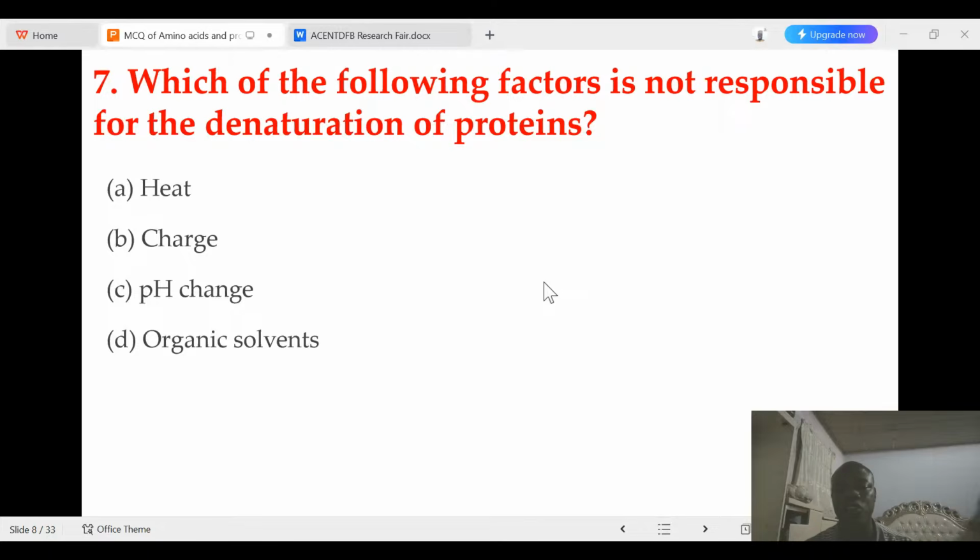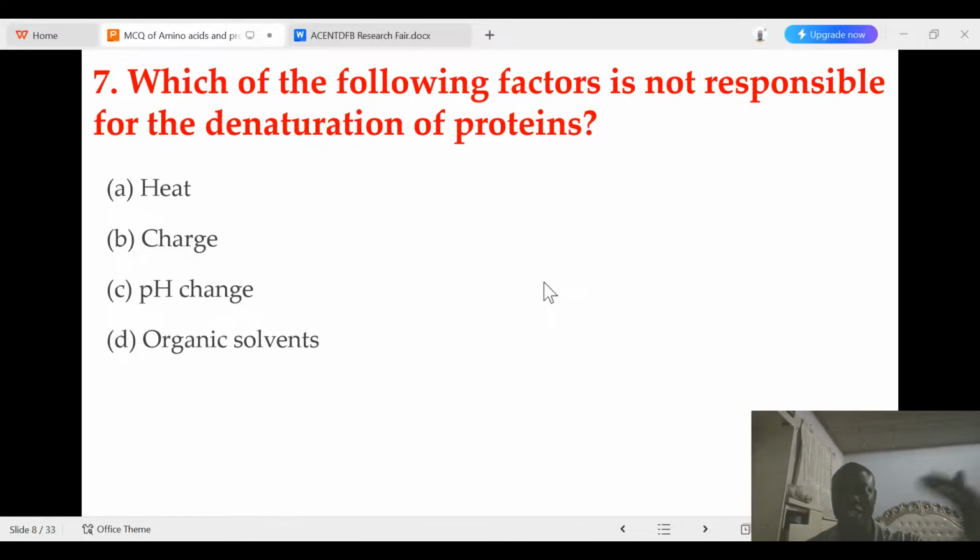There are so many factors that can affect the three-dimensional structure of a protein. Heat: most proteins work at a particular temperature.